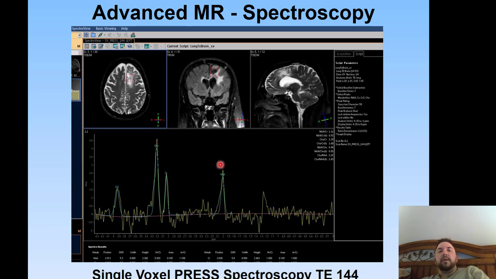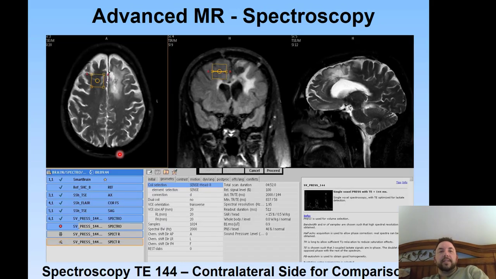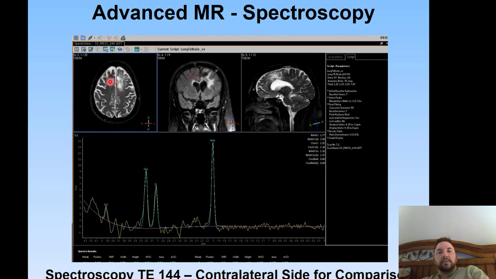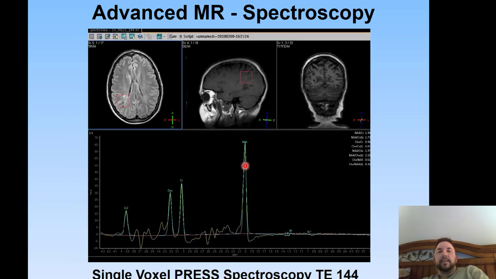That choline spike, far greater than the amount of NAA that's detected. This indicates potential for malignancy. And then again, compared to the contralateral side, when the NAA is higher, that's normal tissue or negative for malignancy.